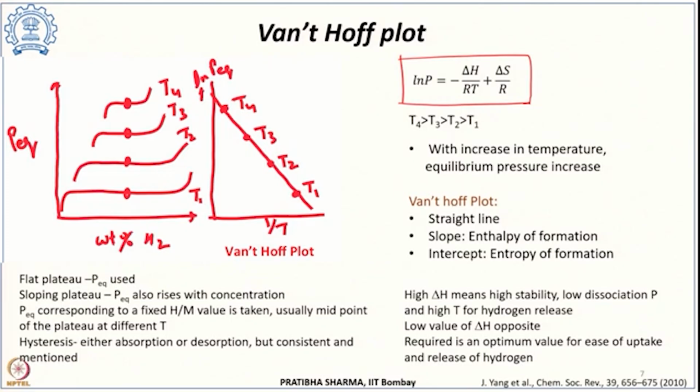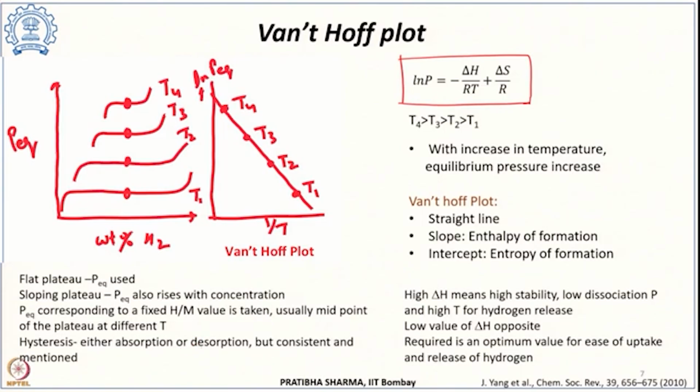Now, what if there is a hysteresis? In that case we will have a different P equilibrium for absorption and a different P equilibrium for desorption. So, if there is a hysteresis, we can consider either the absorption P equilibrium or the desorption one, but we have to be consistent.